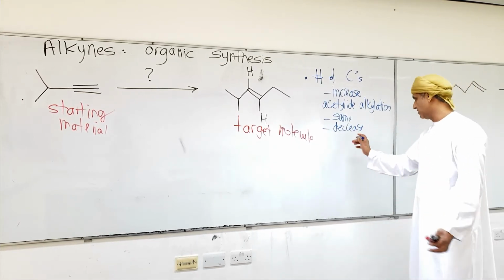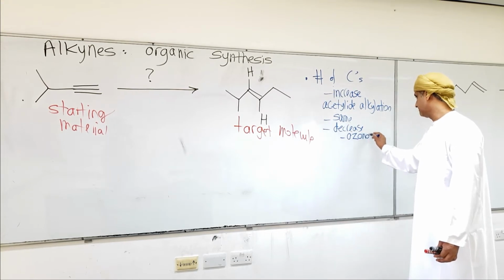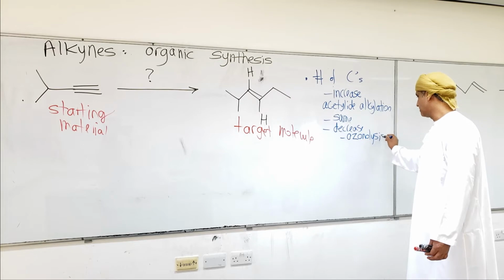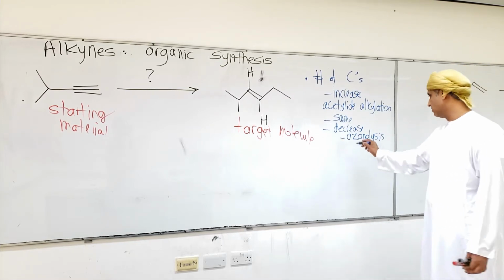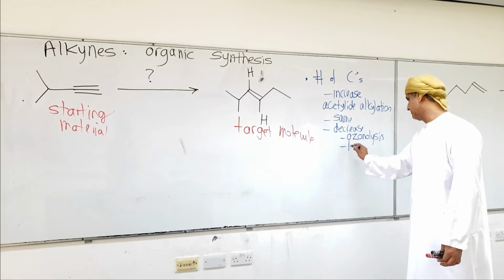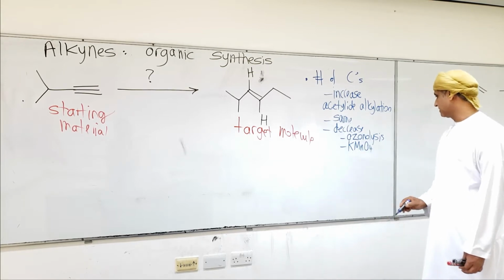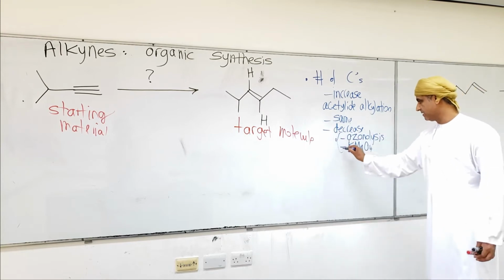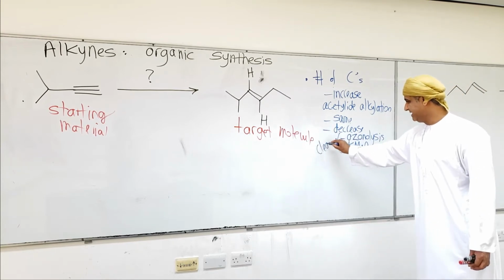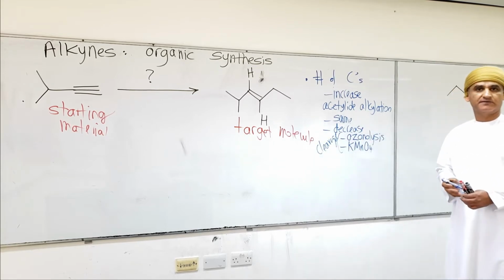So if there is a decrease, then we think of, for example, ozonolysis. That's possible, because this is one way by which the number of carbons is decreased. Cleavage induced by KMnO4 as a strong oxidant is also possible. So these cleavage reactions are possible means for the decrease of the number of carbons in a molecule.